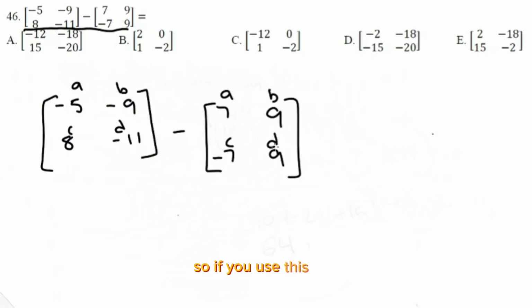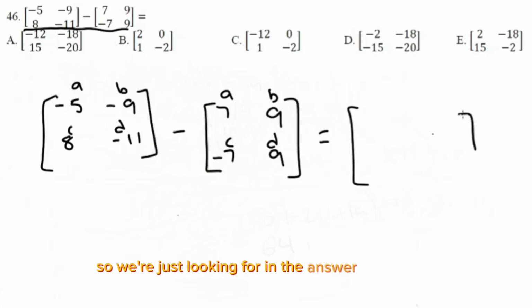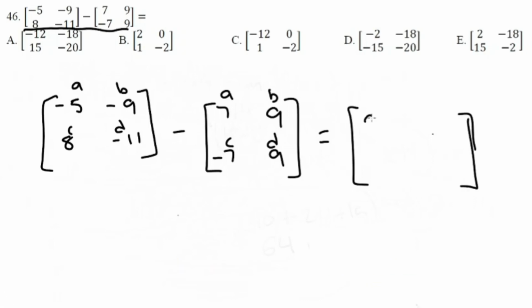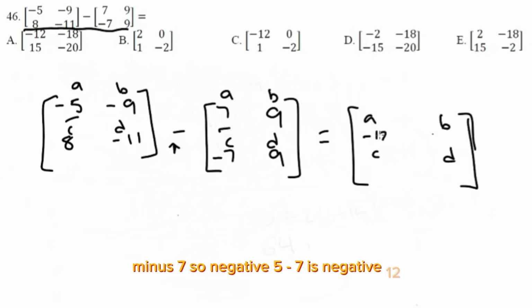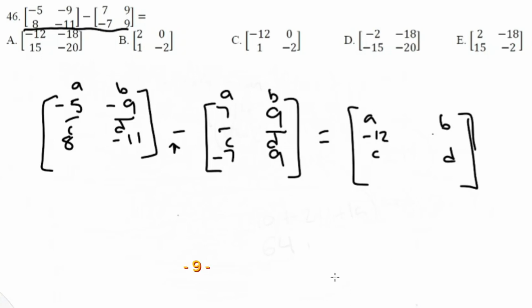So if you use this rule, you can count each of these as their own equation and solve for all of them. So we're just looking for, in the answer, the A value, the B value, the C value, and the D value. Okay, so the A value, that's just -5 minus 7. So -5 minus 7 is -12. -9 minus 9 is just -18.